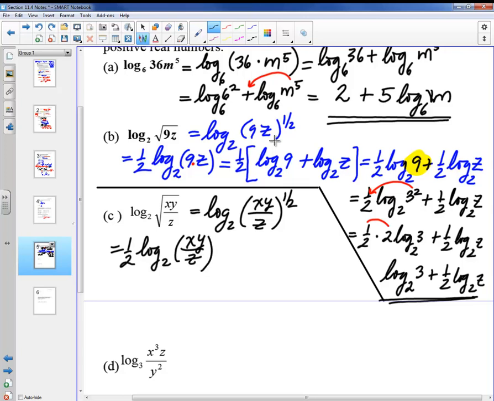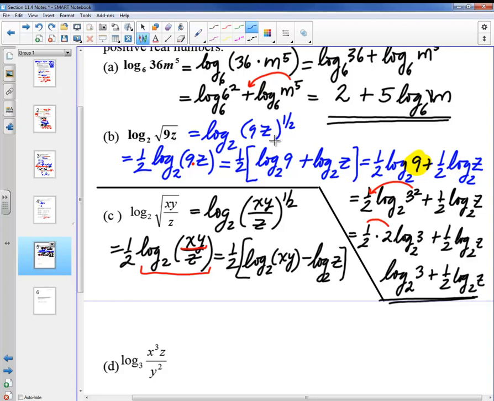But anything you do to break that log down now will be affected by 1/2, will be multiplied by 1/2. So I'm going to put brackets in there. 1/2 times, and it's a fraction. That's a division. So I'm going to break it into the log of a difference. Log base 2 of xy minus log base 2 of just z.